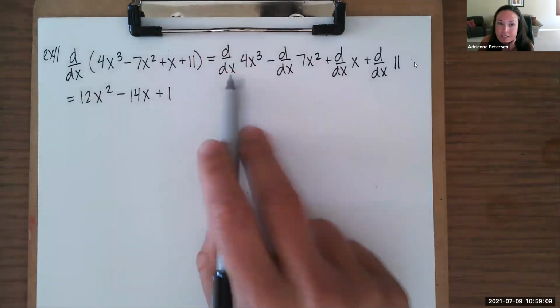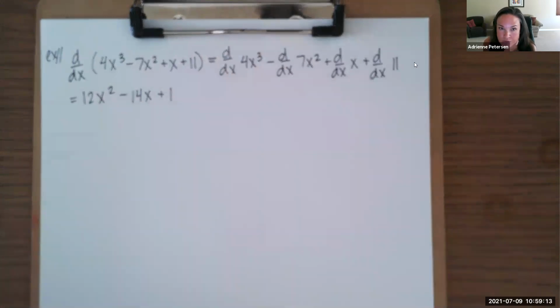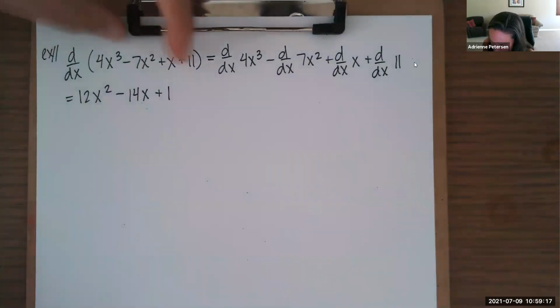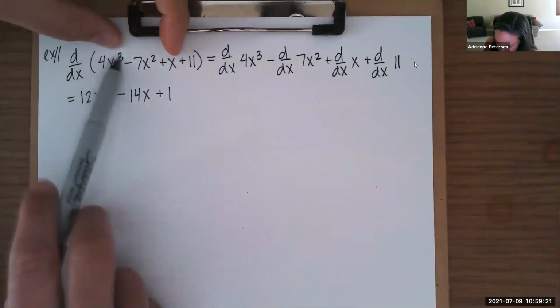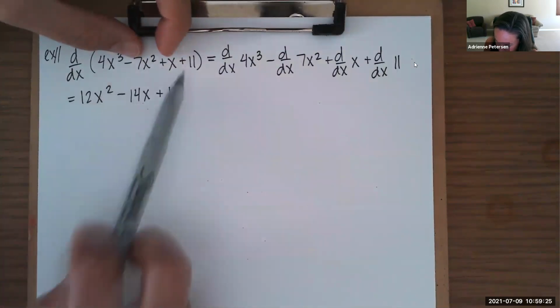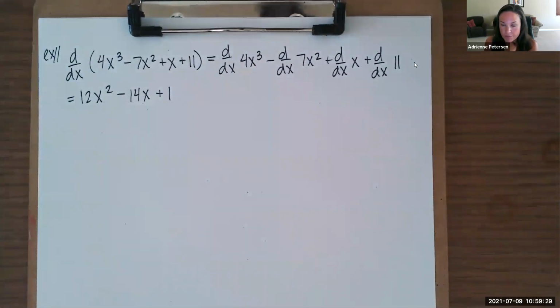Okay, so this is the extra step. In general, you don't need to write this extra step unless you really like to. What I would do is, from this point, know that the sum and difference formula says we just find the derivative of the first term, so that's 12x squared, the derivative of the next term, the derivative of the next term, and then the derivative of 11 is 0. Any questions on this one?